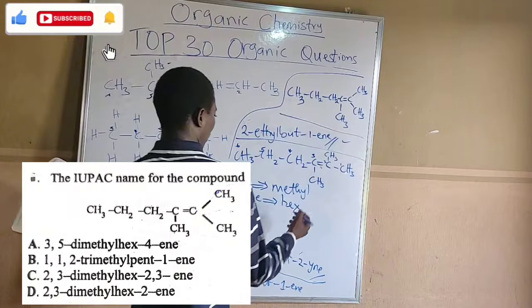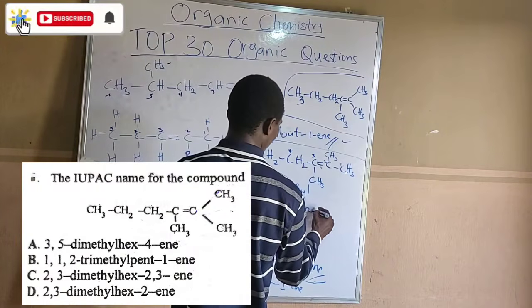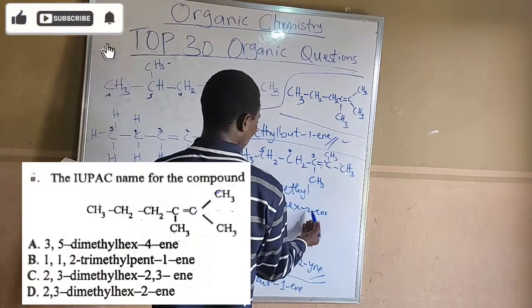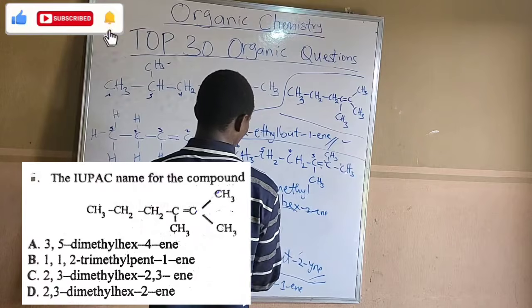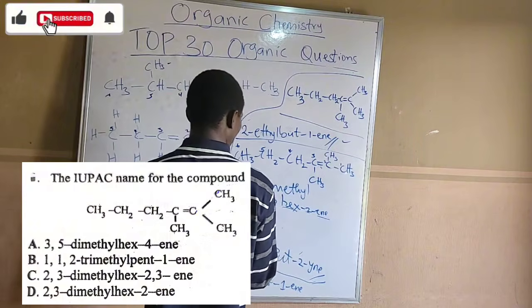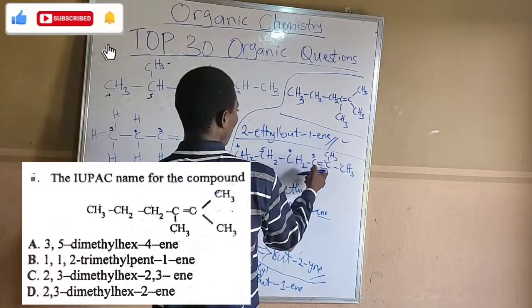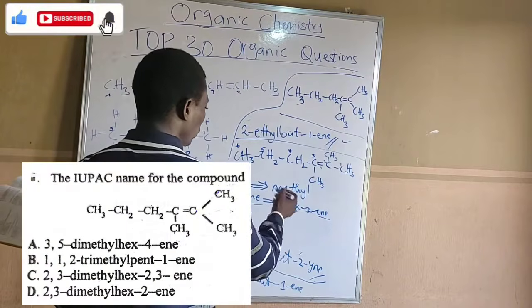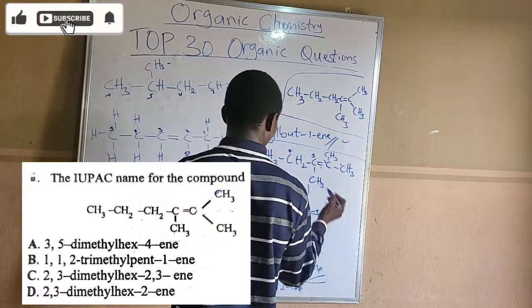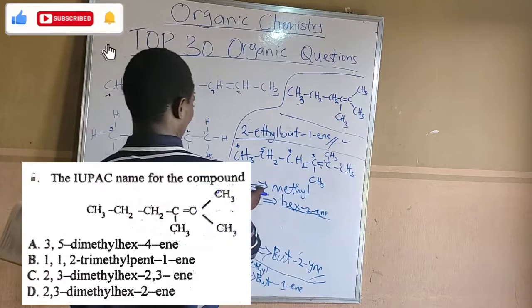Because it is located after the second carbon, we call it 2-ene. The only difference is just these two, which tells us that it is after the second carbon. So this we take as the parent name.